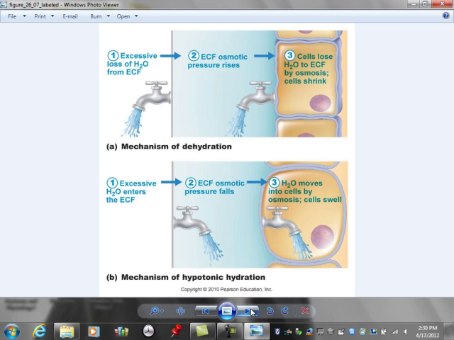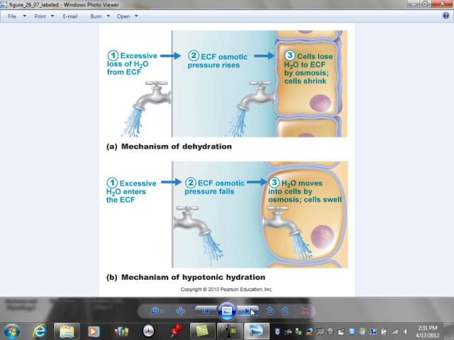Disorders of water balance, dehydration, hypotonic hydration, edema, all talk about mechanisms that you kind of already know about. Remember when we had our discussion way back when, and I can't remember what chapter it was, probably 3? You remember chapter 3, okay?